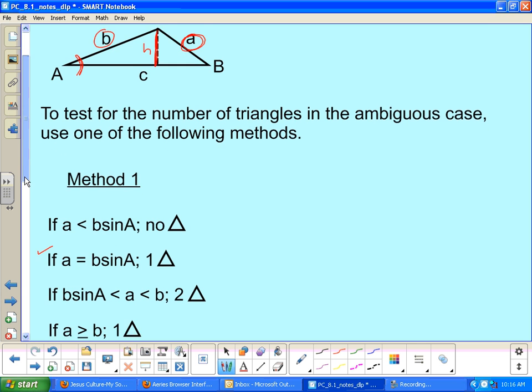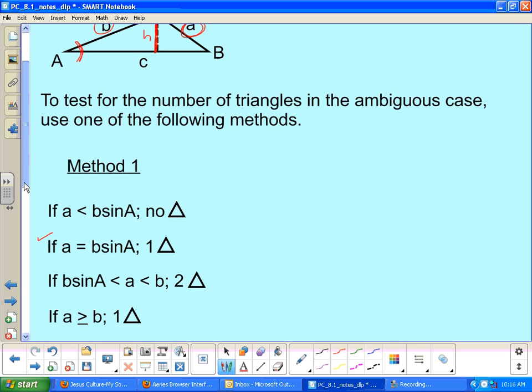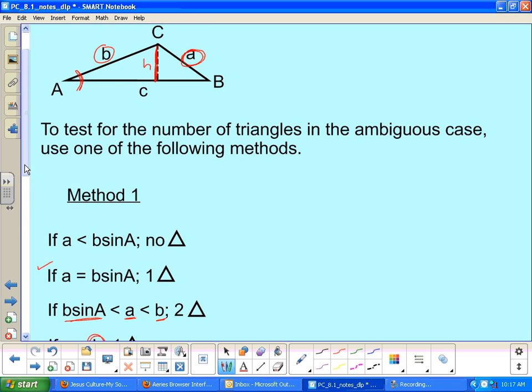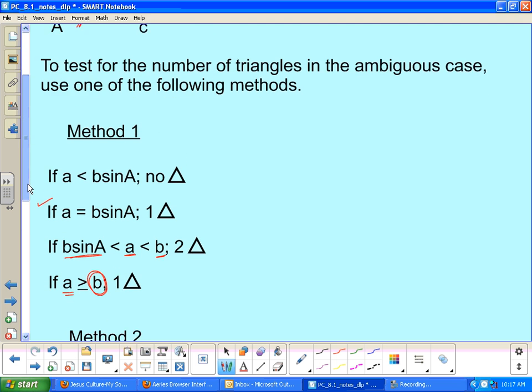In the third case, where the little a is in between B sine A and B, that's the case where we swung and we intersected twice, we get two triangles. And then finally, the last case, if that A is way bigger than the length of B, then that's the situation where I only intersect one time.